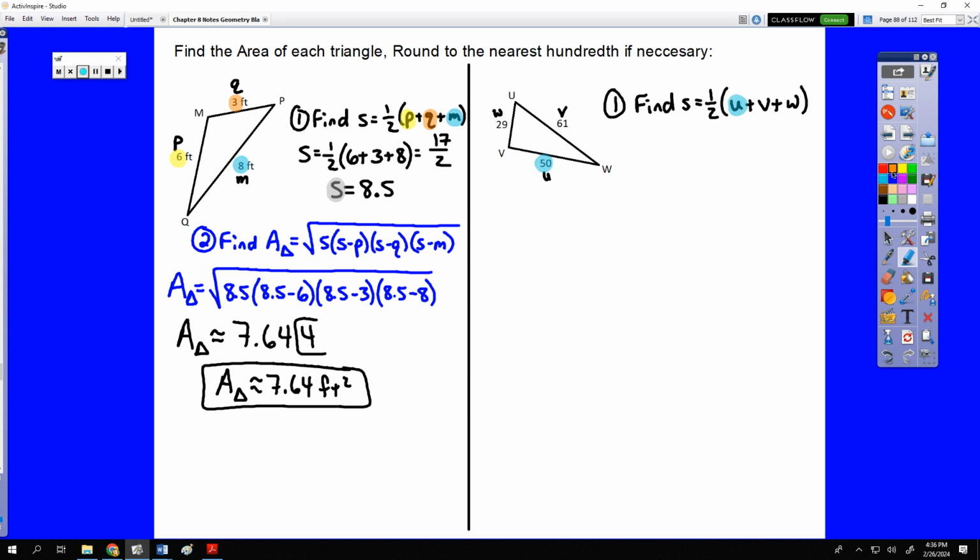We just plug in those numbers, we add them up, and we divide by 2. So that would be 1/2 of 50 plus 61 plus 29 means that the semi-perimeter is 70.